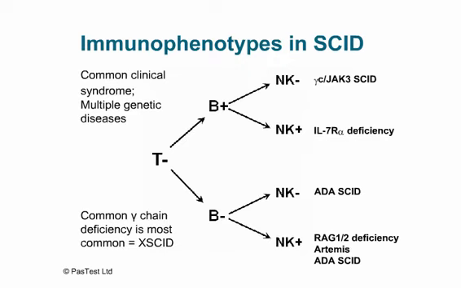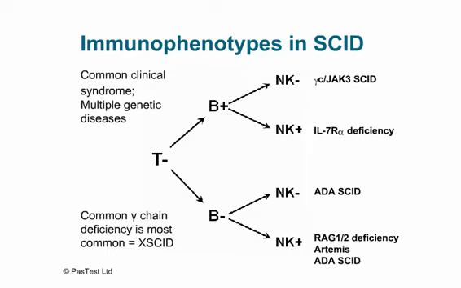In other conditions, the defect is specific to T cells or just T and NK cells. And the most common form of SCID in Europe is common gamma chain SCID, in which B cells are present, T cells are absent, and NK cells are absent.